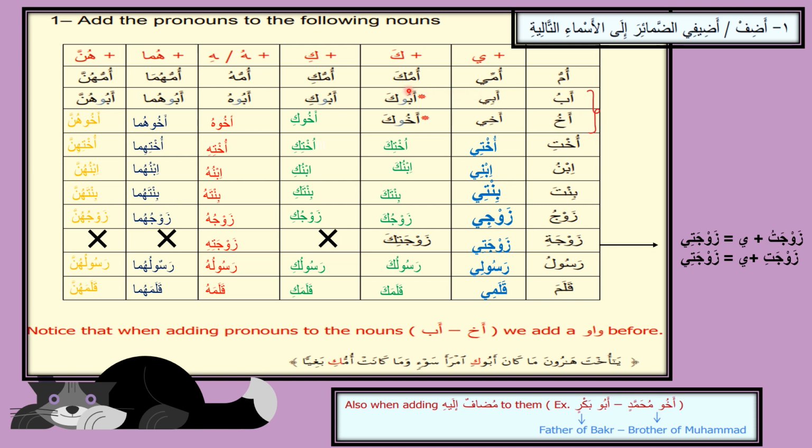And when it attaches with the kaf damir, what happens? Ummuka, the haraka over the meem remains as it is, as dhamma. Ummuki, ummuhu, and ummuhuma, and ummuhunna. I have done all these here, so you can see how it has been attached with the asmaul khams here.